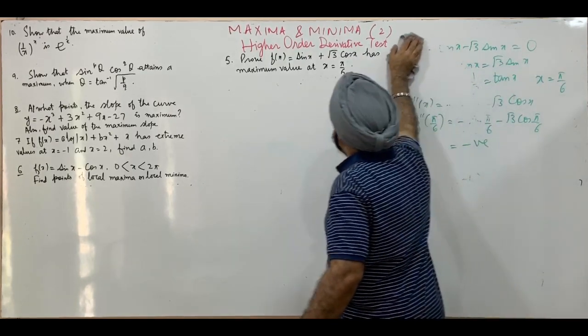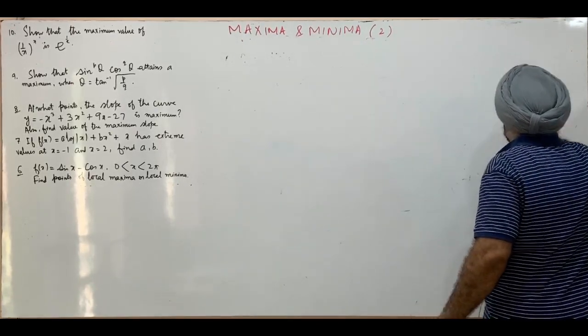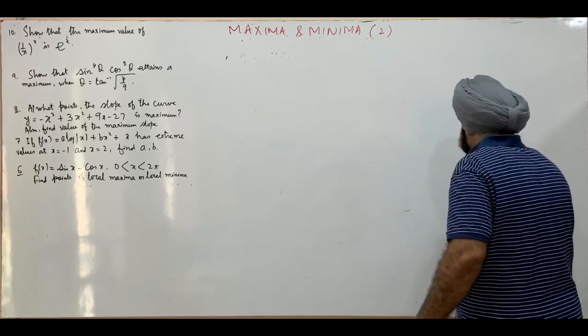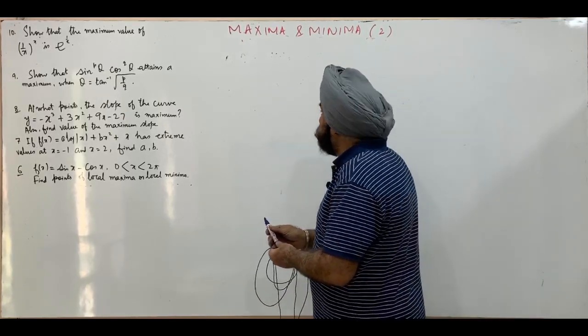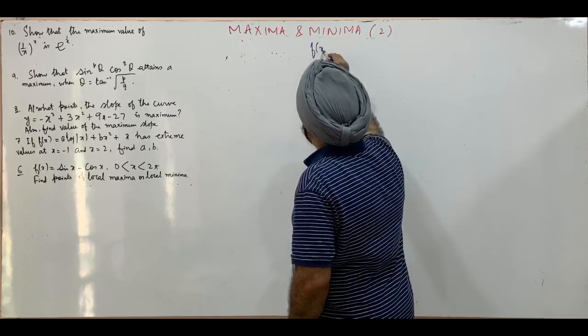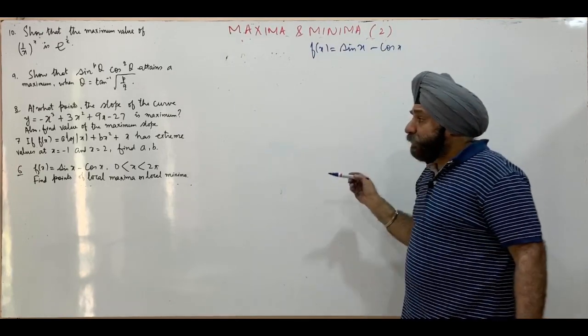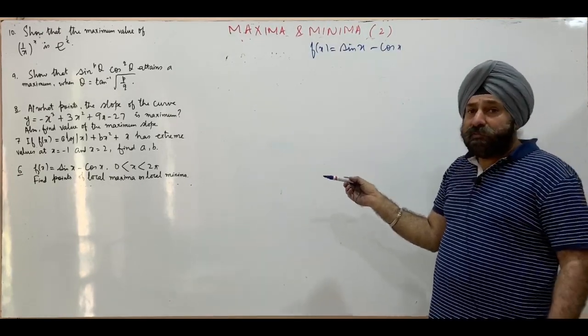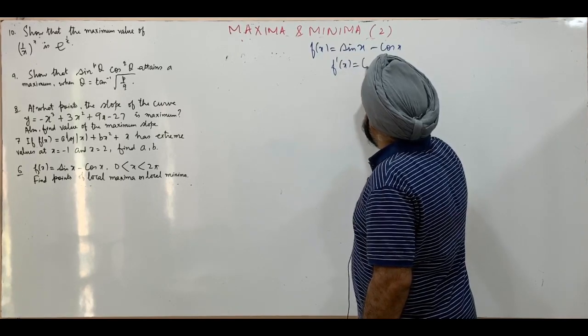Next one. f of x is sin x minus cos x. So this is the function. For local maxima or local minima, we need the derivative and we equate the first order derivative to 0.